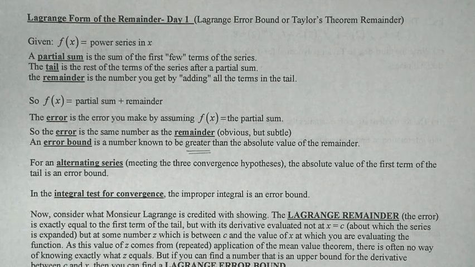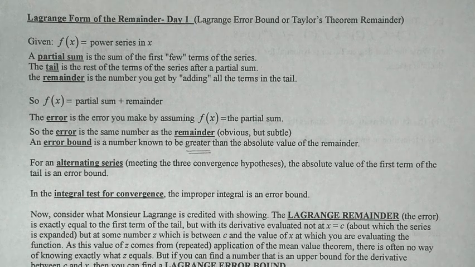And we want the derivative not evaluated at x equals c, as we are used to, but at some other number, which we call z, between c and the value of x at which we are evaluating the function. As this value of z comes from the application of the mean value theorem, there's often no way for you to know exactly what the value of z is.